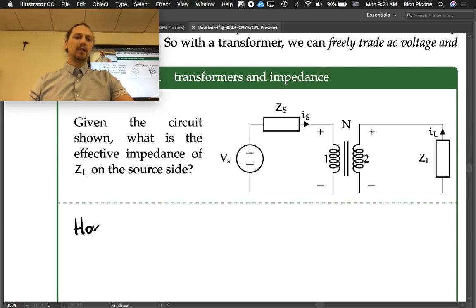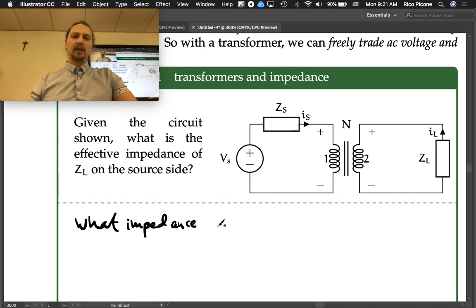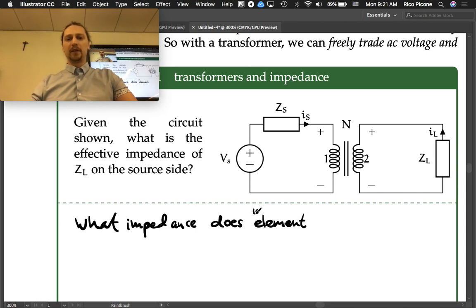What impedance does element 1 have for the source? It's not a real element, right?